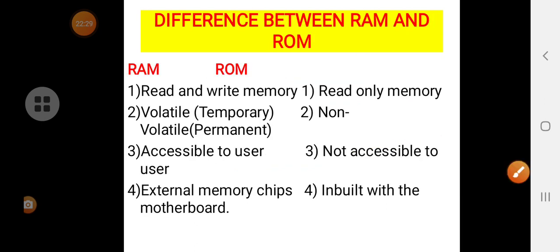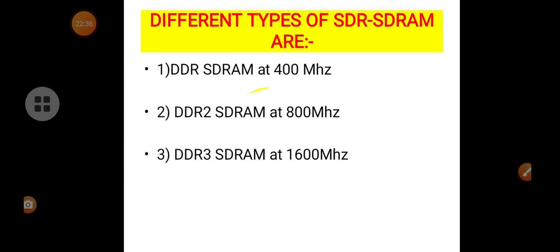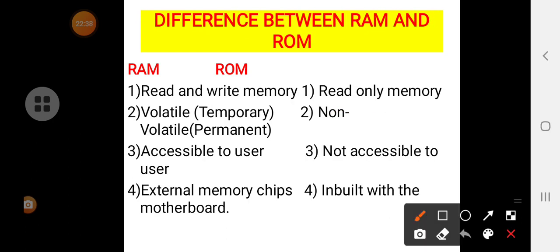Next we'll see the differences between RAM and ROM. RAM means read and write memory. ROM means read only memory. Next, RAM is volatile memory. ROM is non-volatile memory: whenever there is a power fluctuation, the data doesn't get erased.